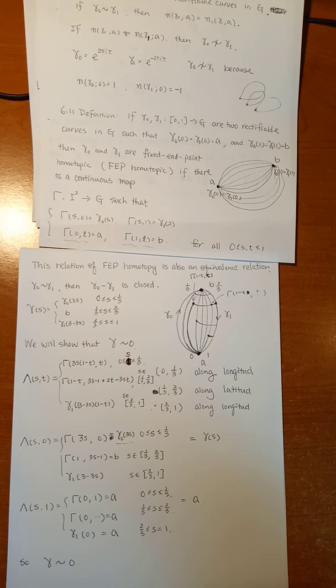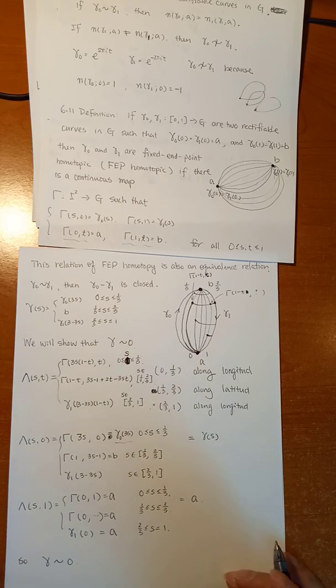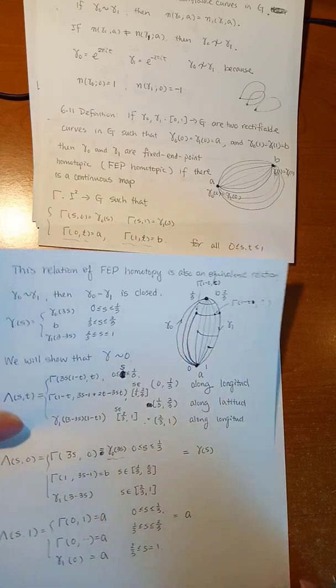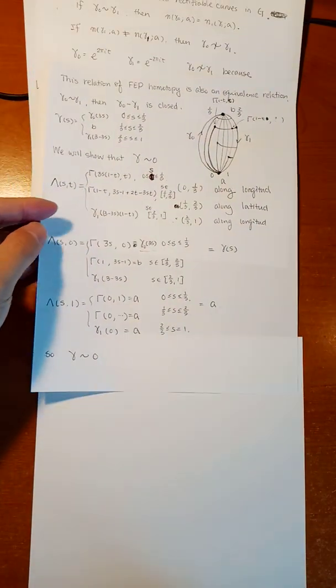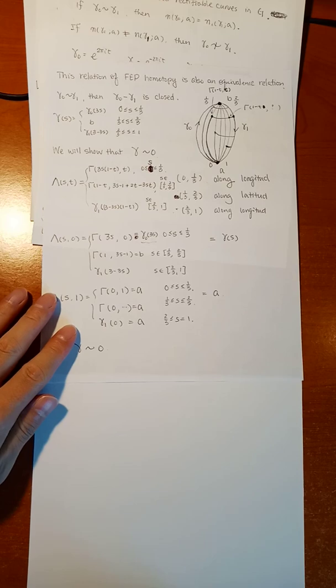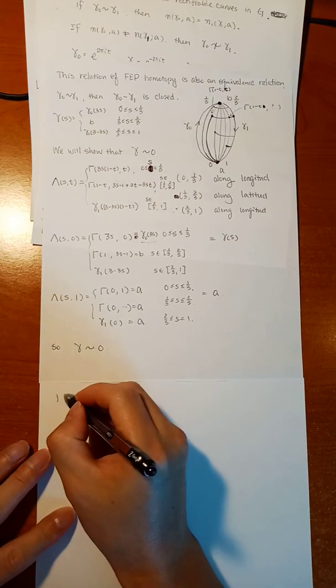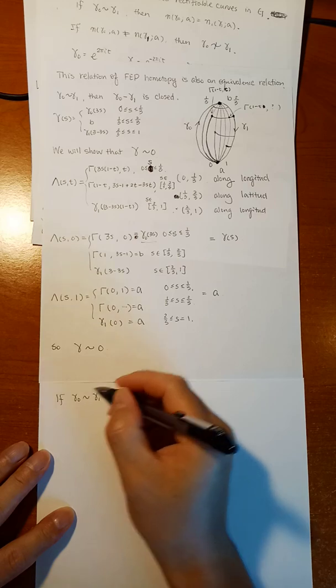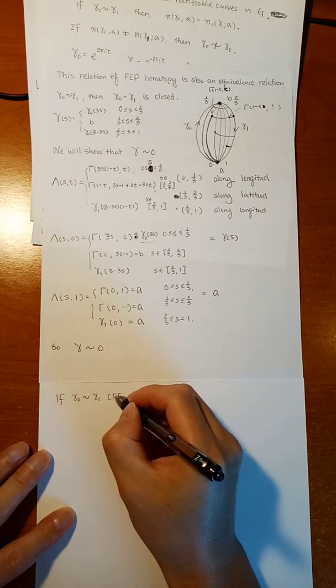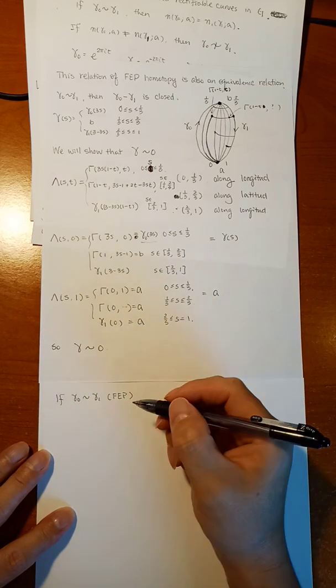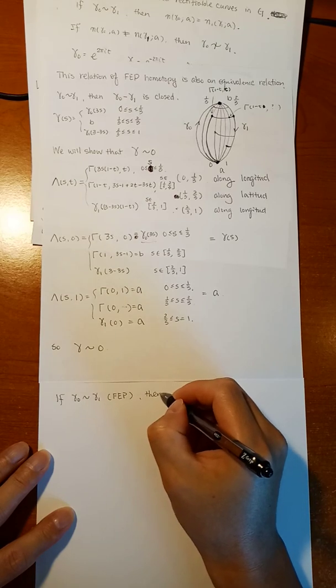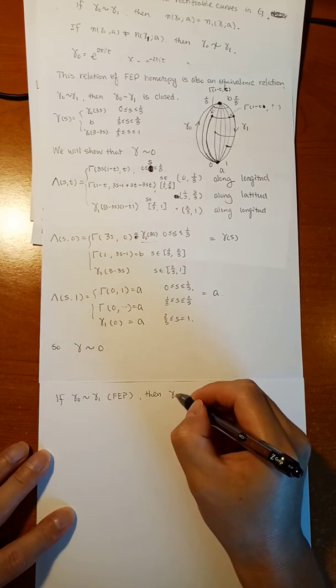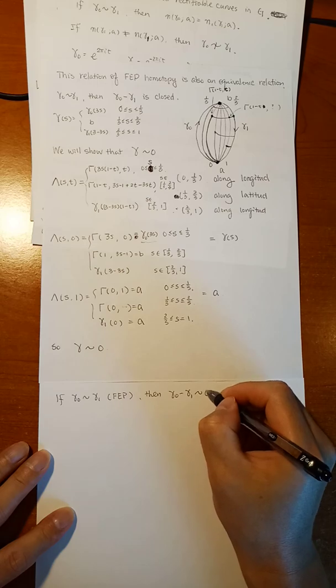All right? So that's the stuff. If we have fixed endpoint homotopic, if gamma 0 is homotopic to gamma 1, fixed endpoint homotopic, then gamma 0 minus gamma 1 is homotopic to 0.